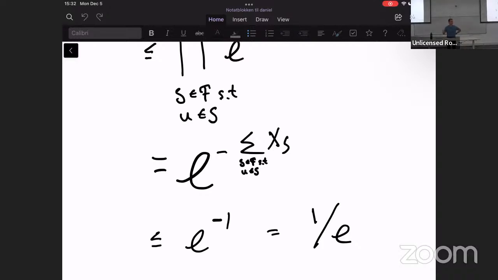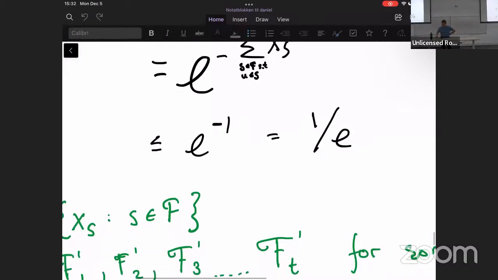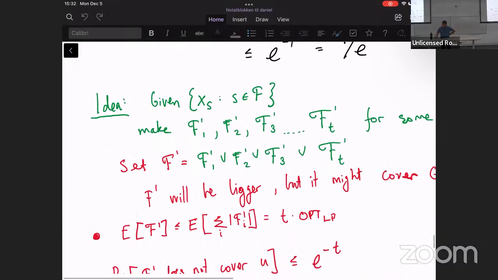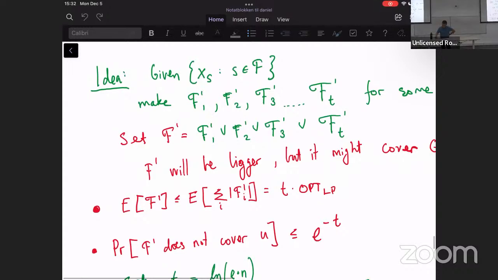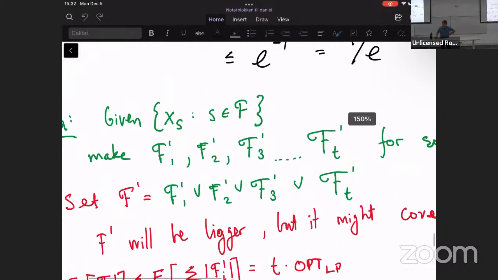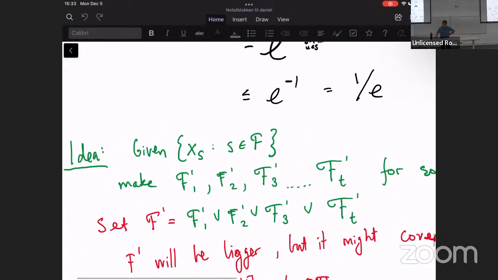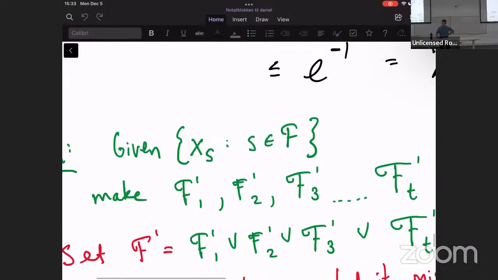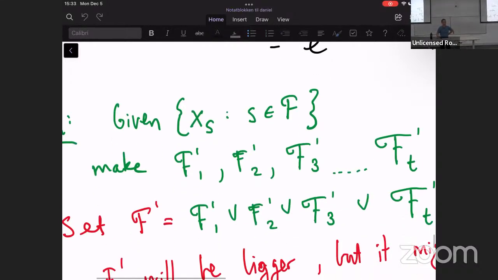So what can we do? Here is the next idea. Suppose I give you this x_s, and then I do this random process. I find the family F prime. It covers some part of the universe, but not everything.